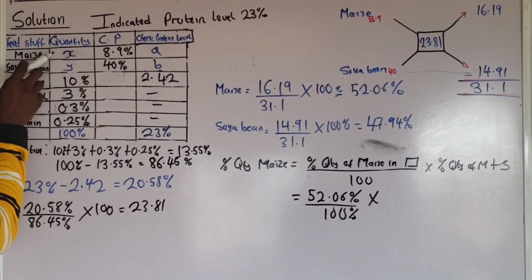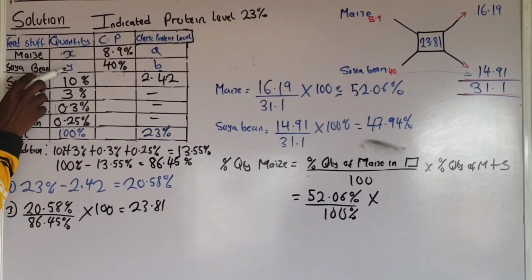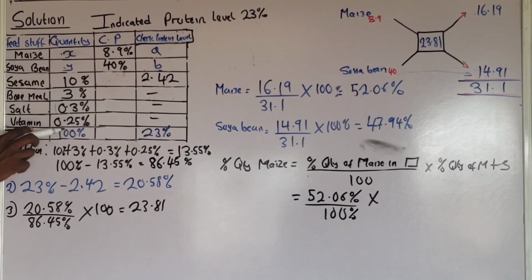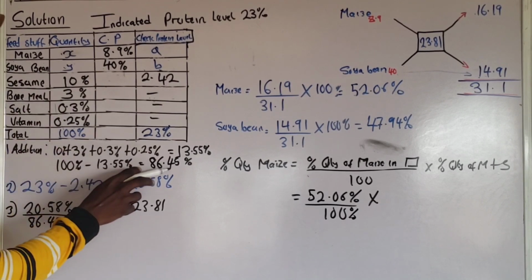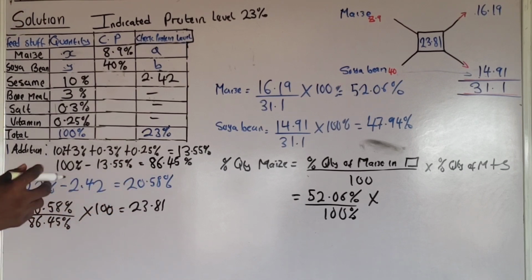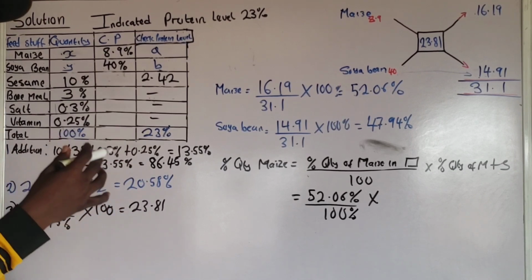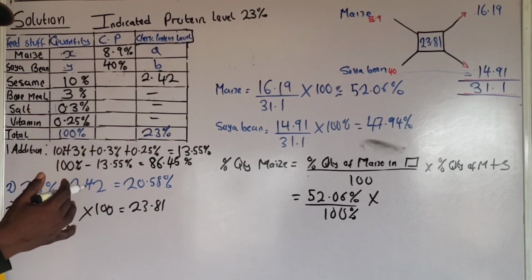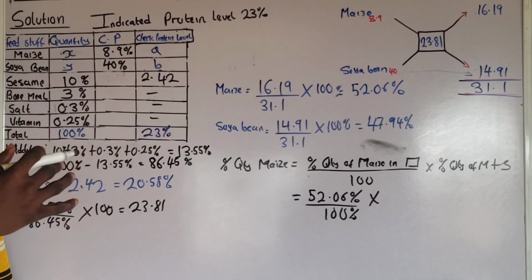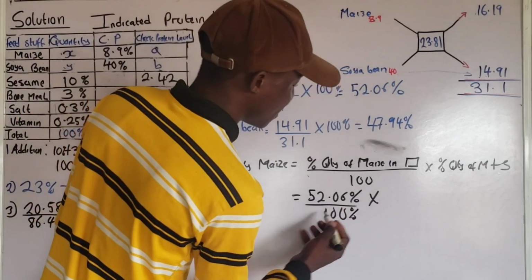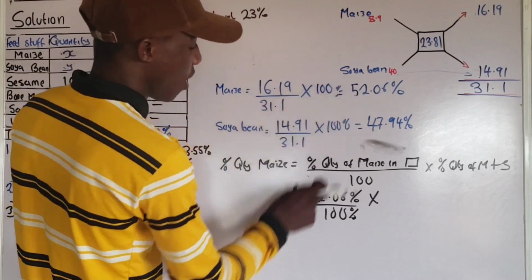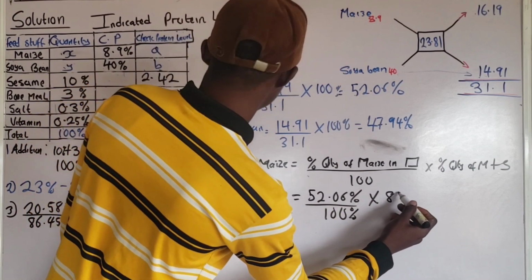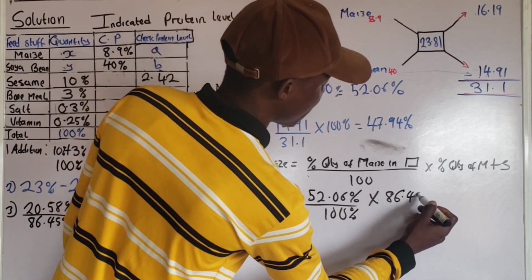Don't forget that the quantity of maize and soya beans is represented by X and Y, and all these values must sum up to 100. So I've already subtracted all this value from 100. I got 86.45%, which is that of the quantity for maize and soya bean. So we want to get that of maize. So that of maize is this all over 100 multiplied by 86.5%.